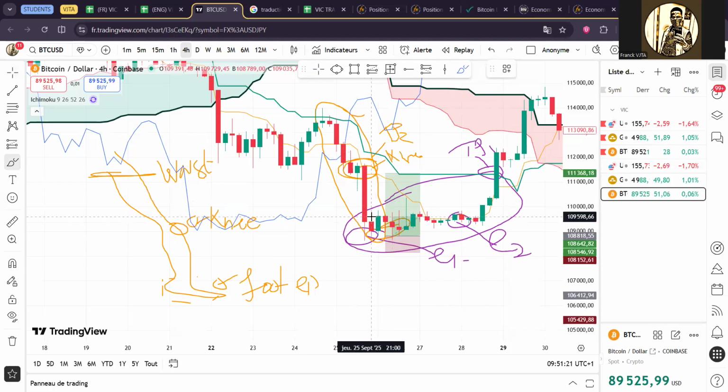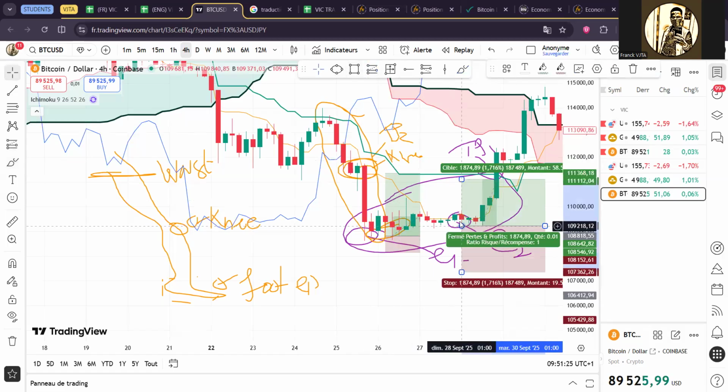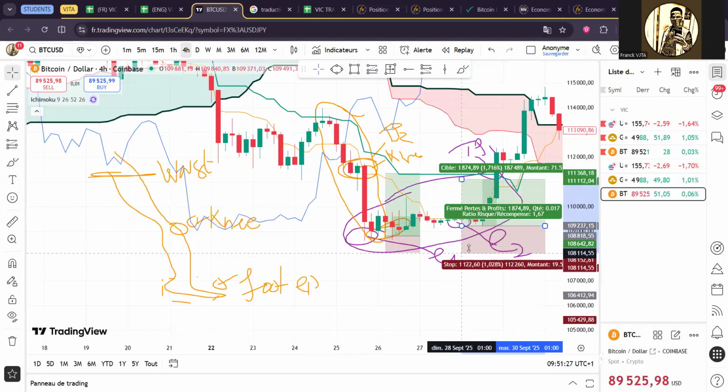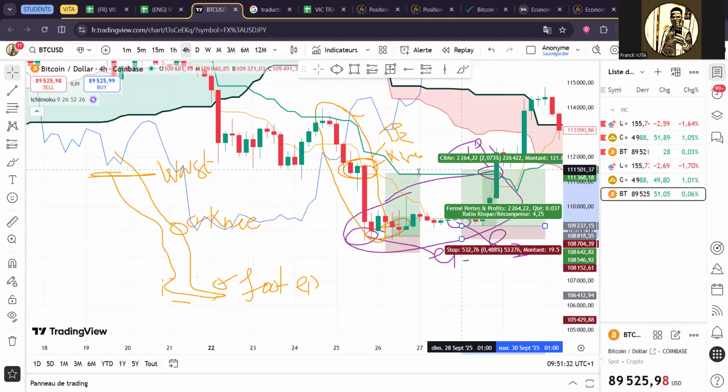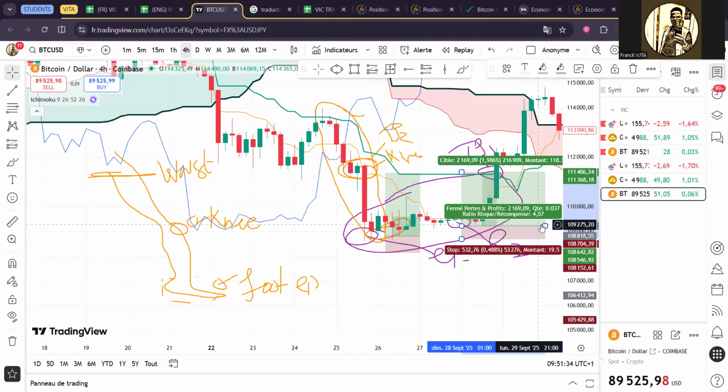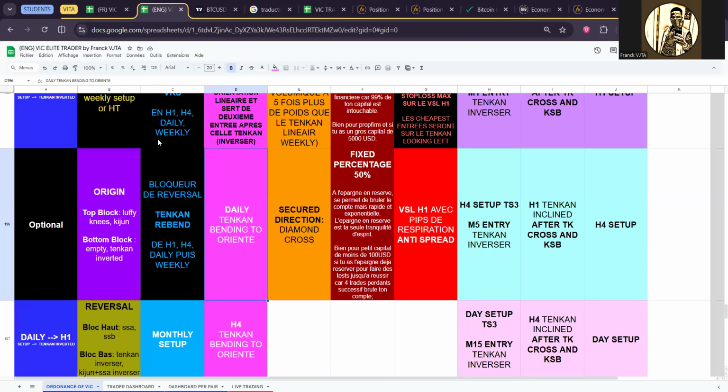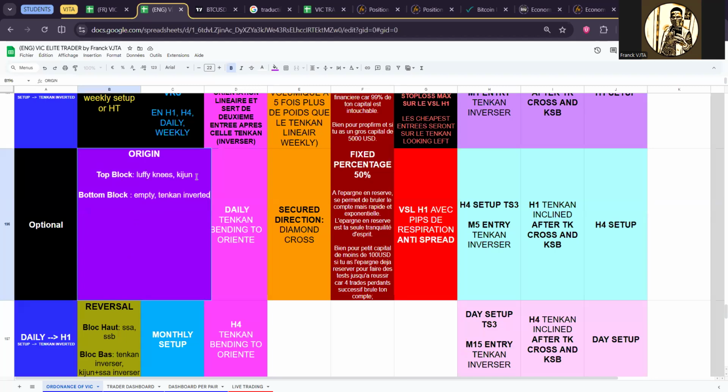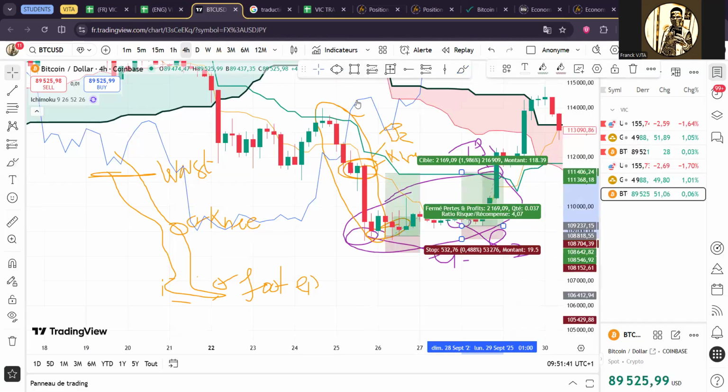So that's it. Same thing for the entry number 2. You can plan to take profit at that level in advance, before the candle touches Kijun. So that's the reason why I place the Luffy knees on the chart.